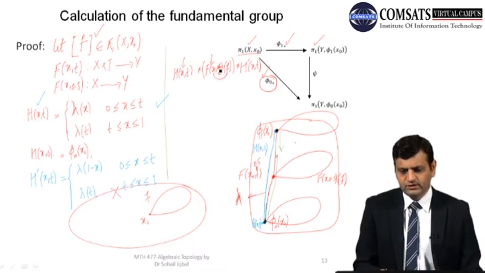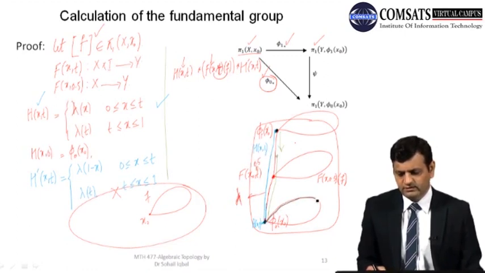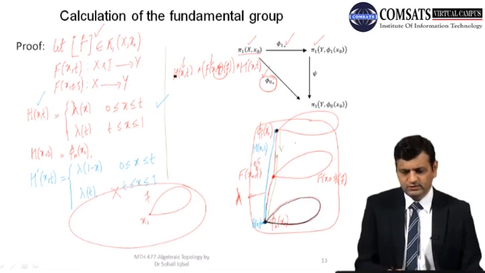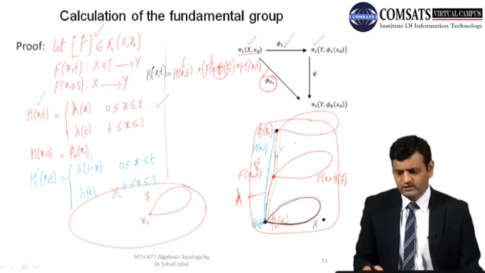So when t is equal to 0, what is f of x, 0? It's phi naught, so it's phi naught of f. So it's basically giving me this loop, and let's say this function is k of x, t. So this is k of x, 0.